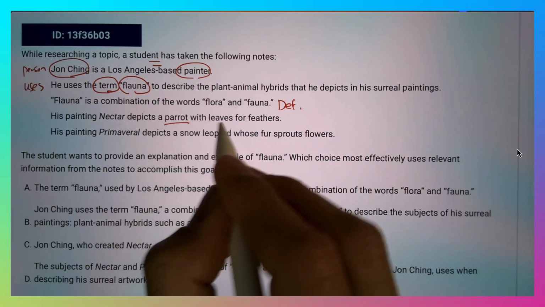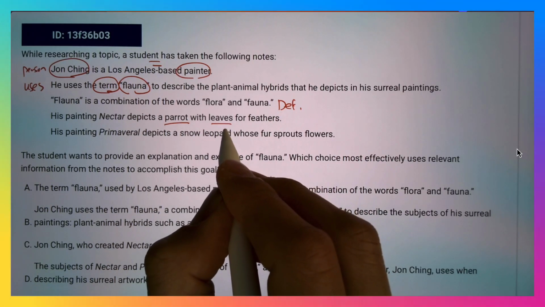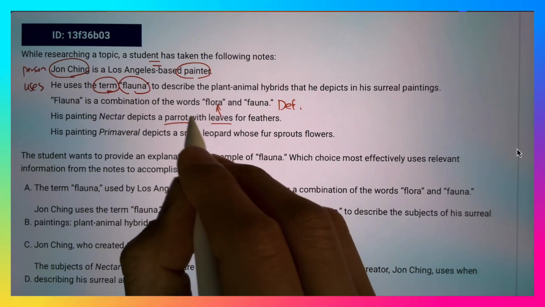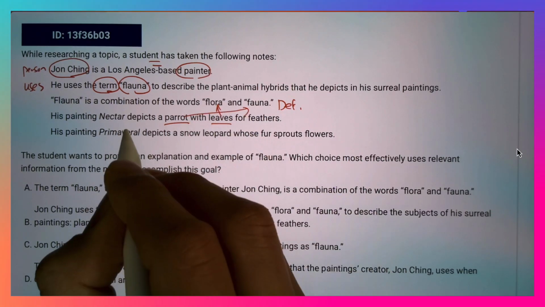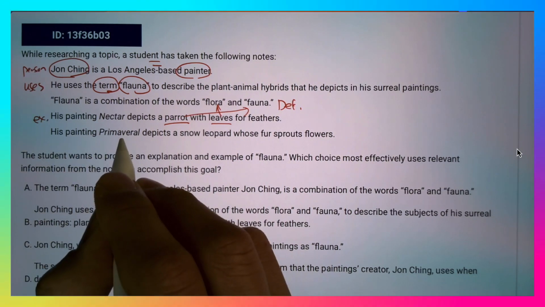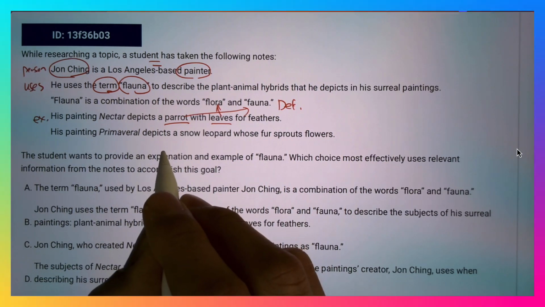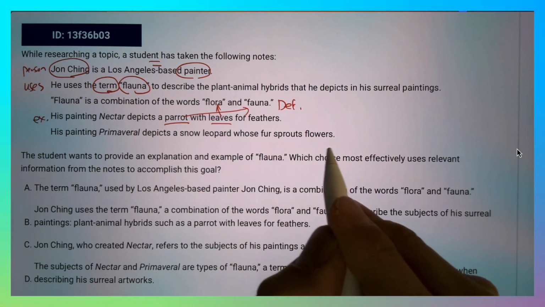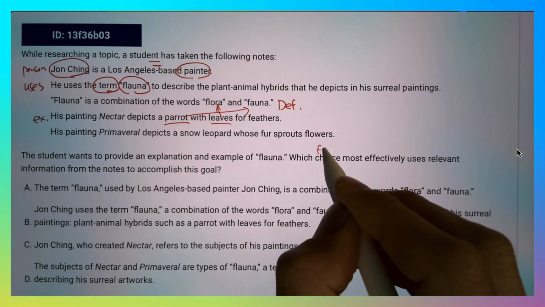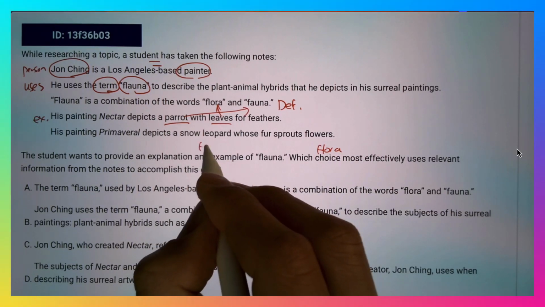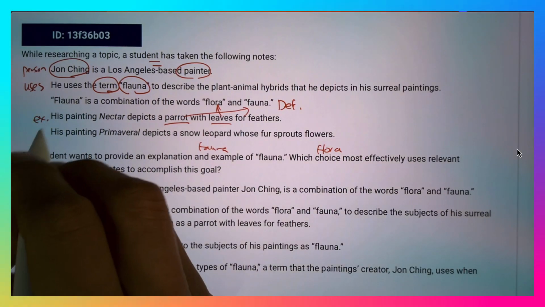Okay, parrot is an animal, leaf is a plant, so this belongs to flora and that belongs to fauna. So that would be an example. His painting Primavera depicts a snow leopard whose furs sprout flowers. So that's flora, and snow leopard will be fauna. So that's example 2. That's example 1.